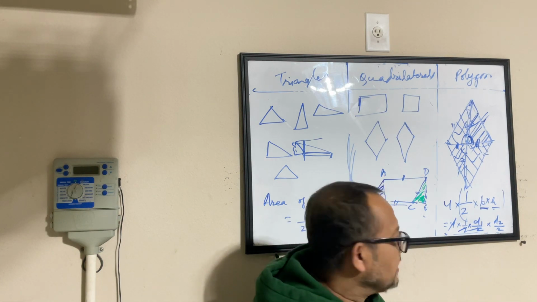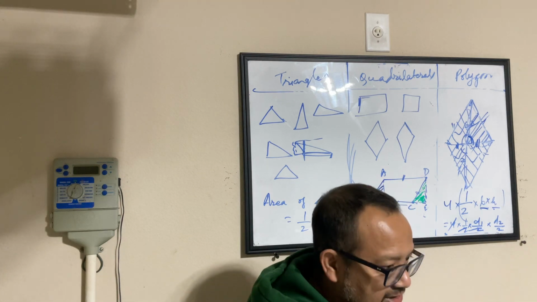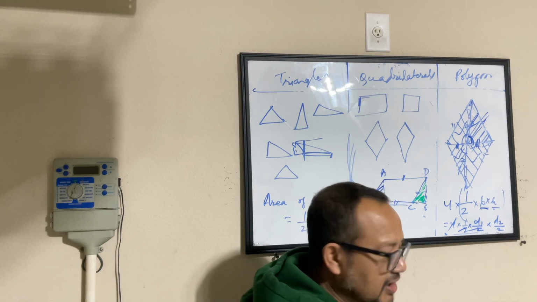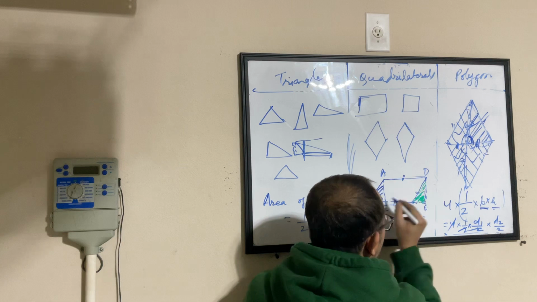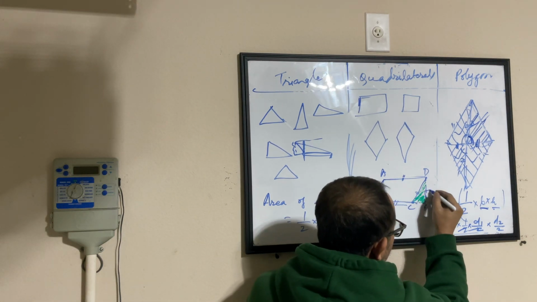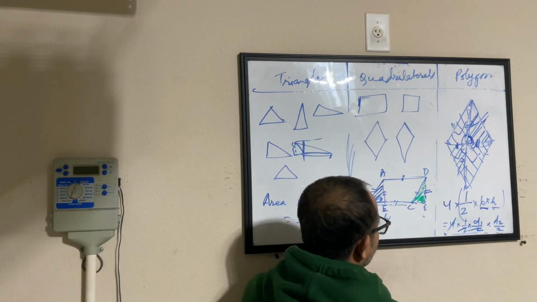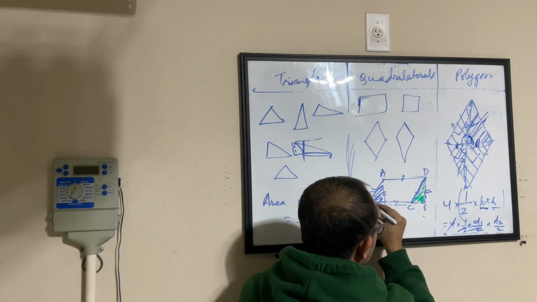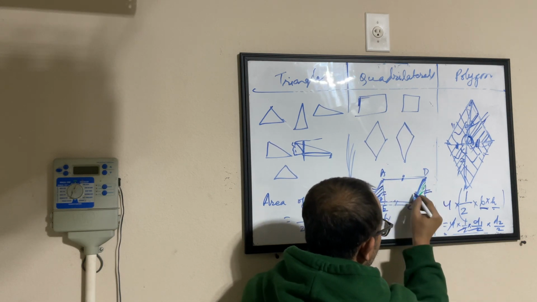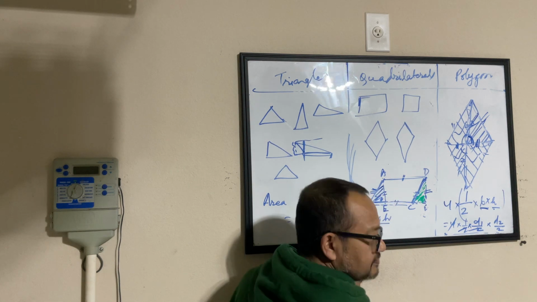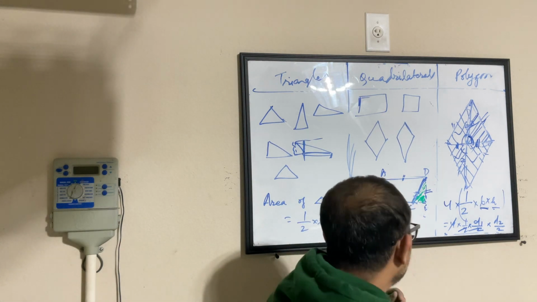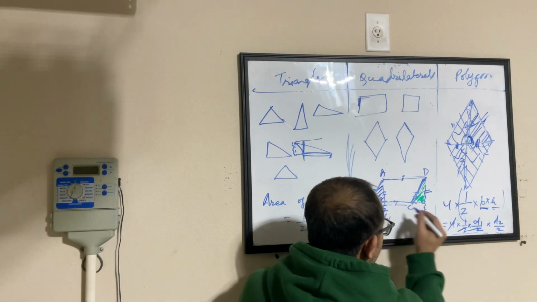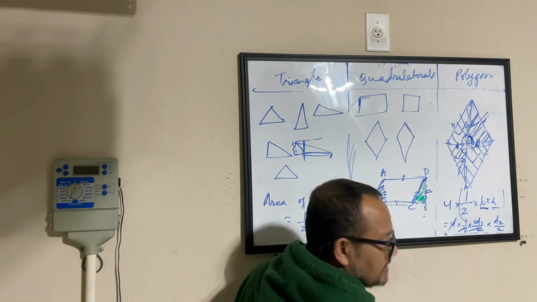And the interesting fact is they are actually the same, because these two are parallel lines. So this length and this length are the same. And we already know in a parallelogram, this side and this side are parallel and equal. So this side and this side are also the same. Okay? And this angle is 90 degrees, this angle is 90 degrees.